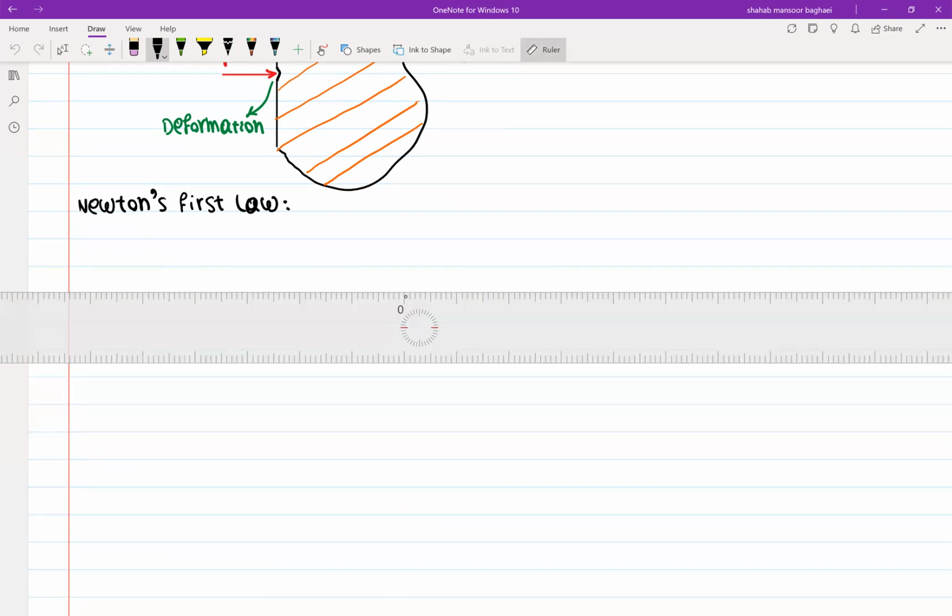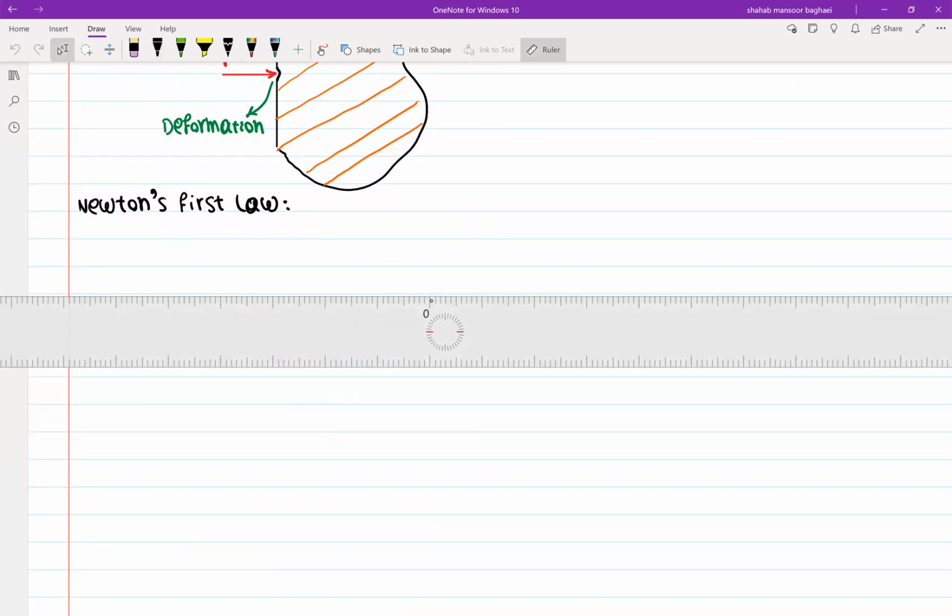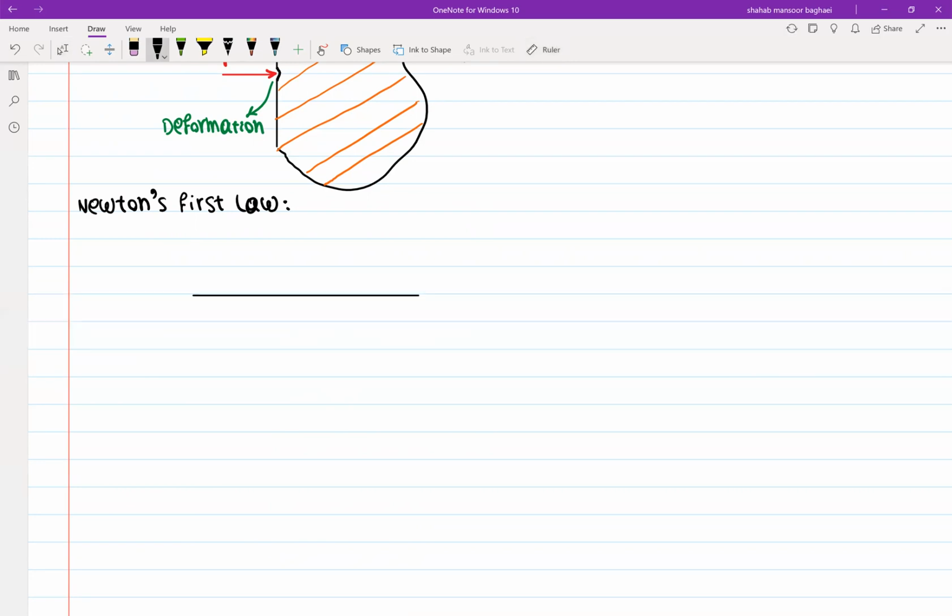Imagine there is an object here. I want to talk about it in simple words. This is the flat surface. And imagine there's a block here.